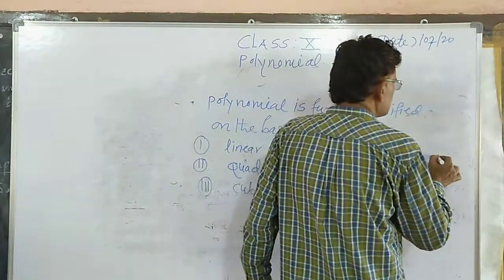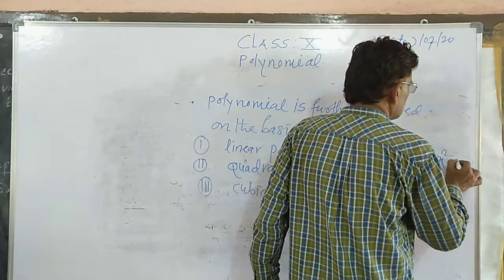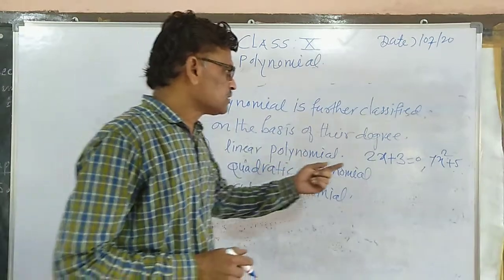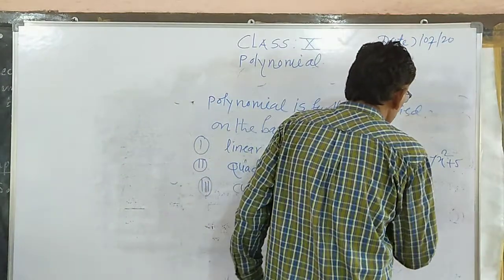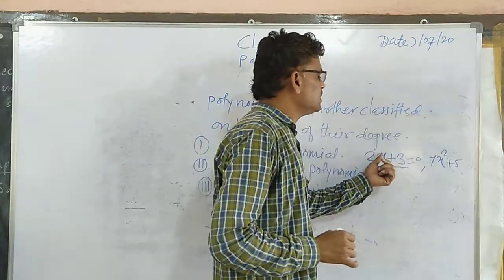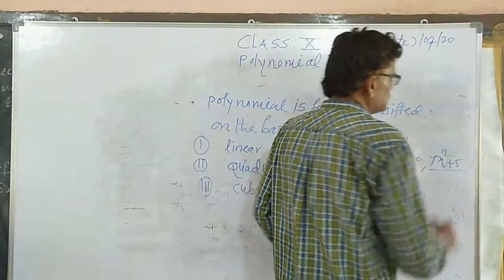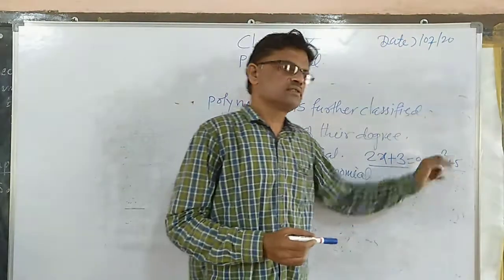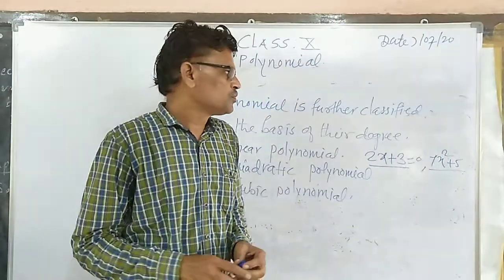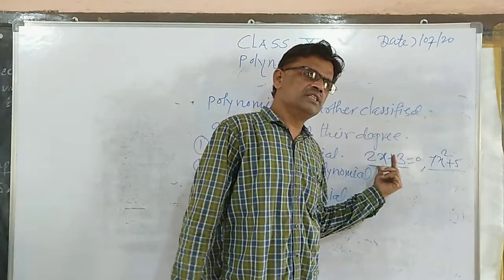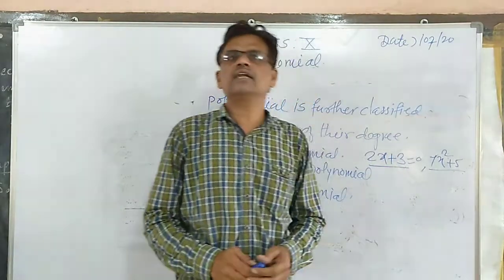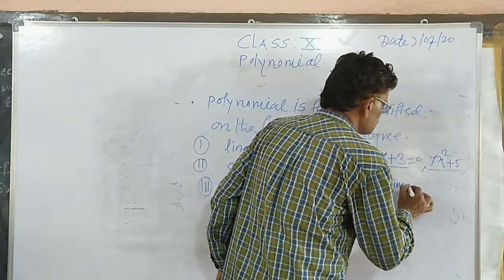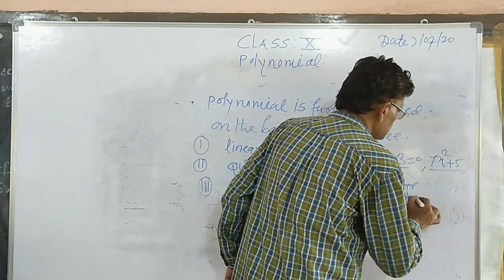Then 7x square plus 5. In this case, the degree of the first polynomial is 1, and here the degree of the polynomial is 2. Therefore, the first one is called a linear polynomial.